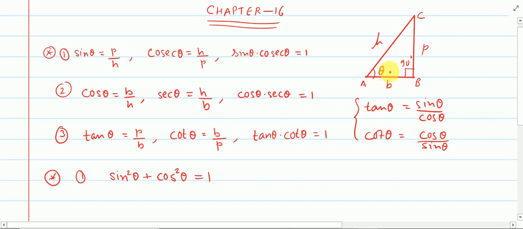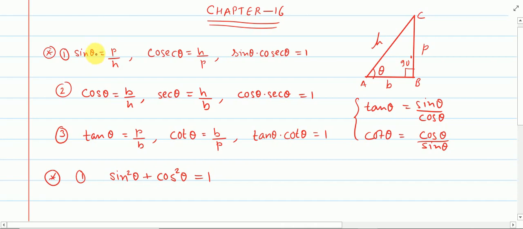And trigonometrical ratios, sine theta, cos theta, tan theta, and their reciprocals are given over here. You should remember that if you're talking about sine theta, that means you're talking about the ratio of perpendicular to hypotenuse.